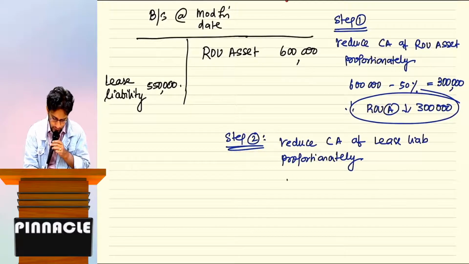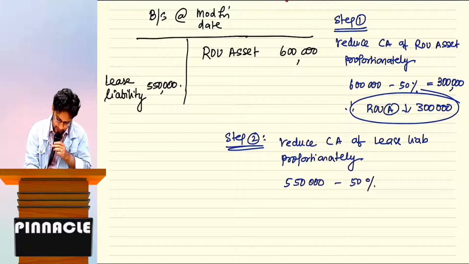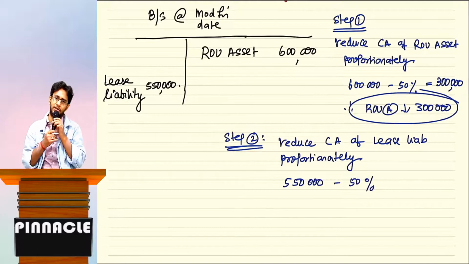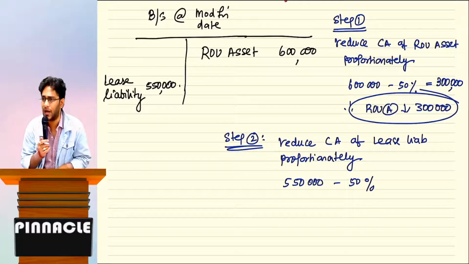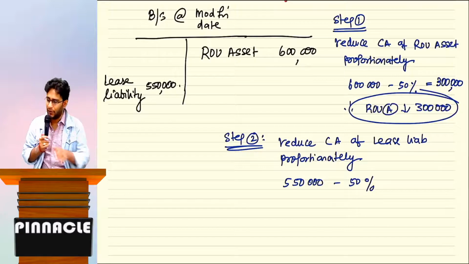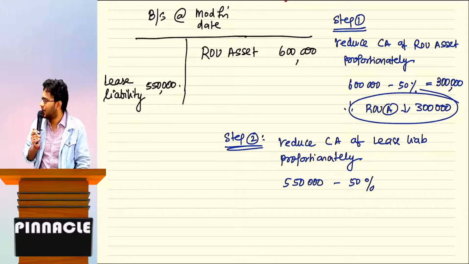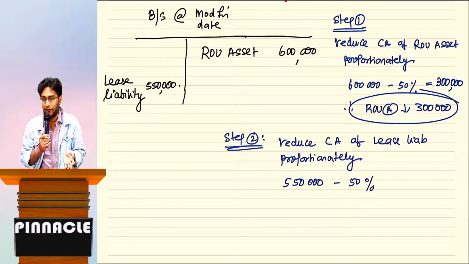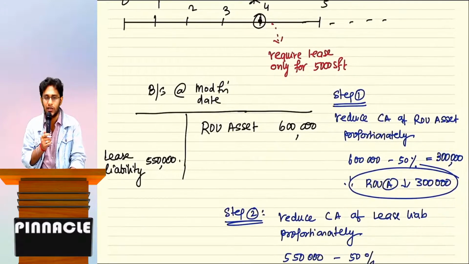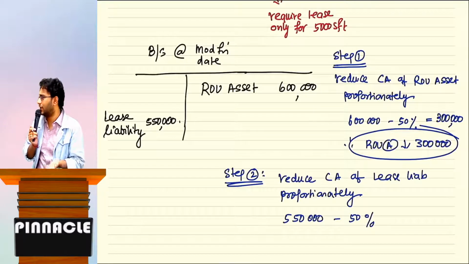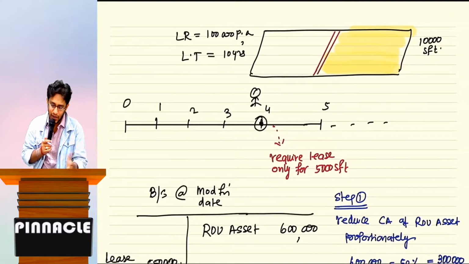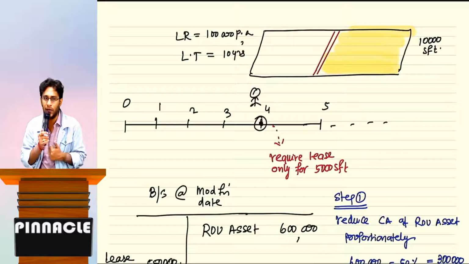So, what is the lease liability today? 5,50,000 minus 50%. Sir, why did you get even the 50% idea? Half scope is reduced, no? So, half I am removing like that. Sir, everywhere you will proportionately remove like this. It's like this. If the lease was originally planned at half, how much would have been the lease liability? Instead of 1 lakh, I would have paid only 50,000.